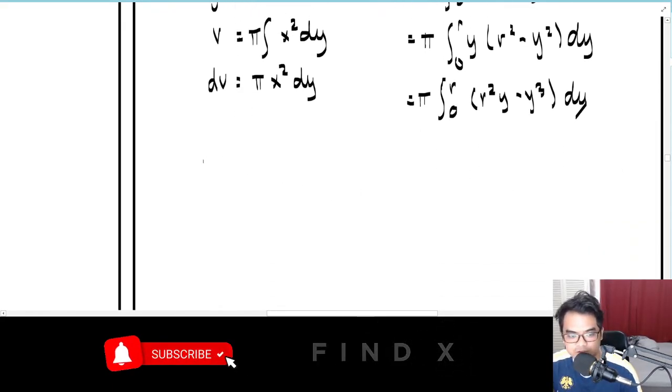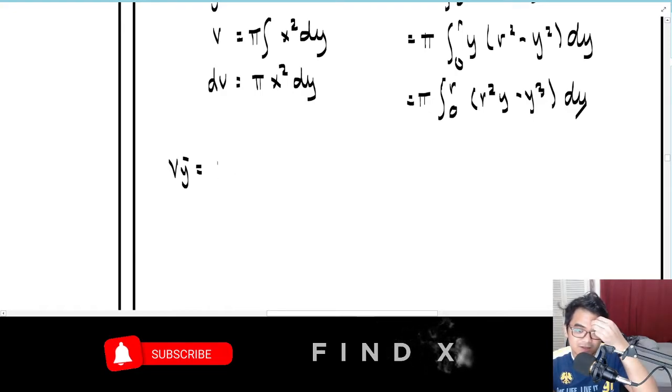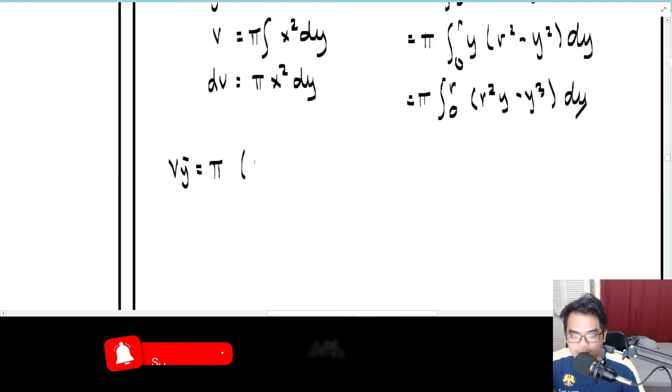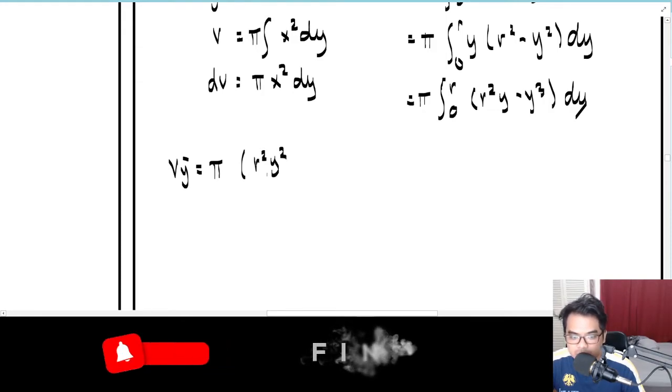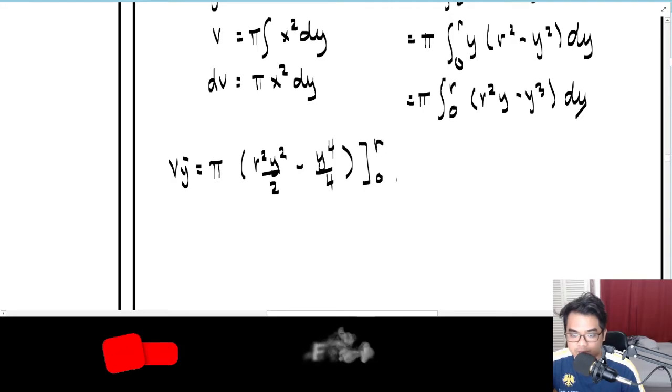I'll just continue it here. So you'll have again v y bar equals, applying the integral, pi times r squared y squared over 2 minus y raised to 4 over 4, from 0 to r.